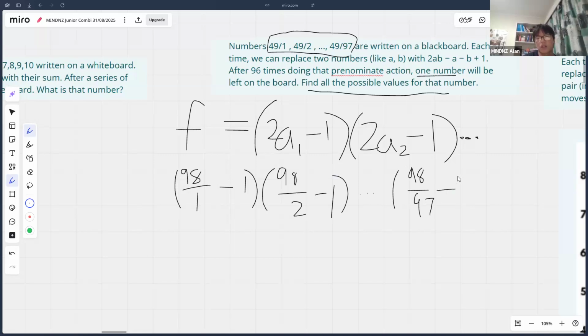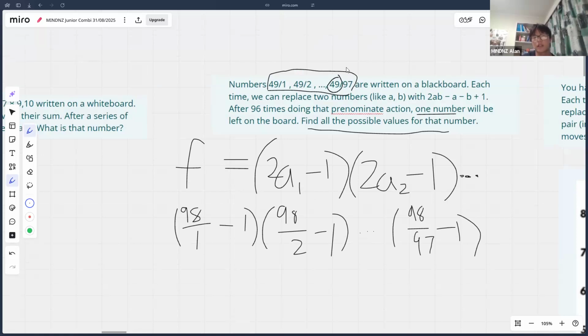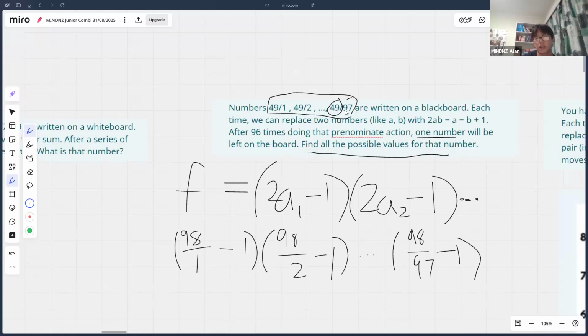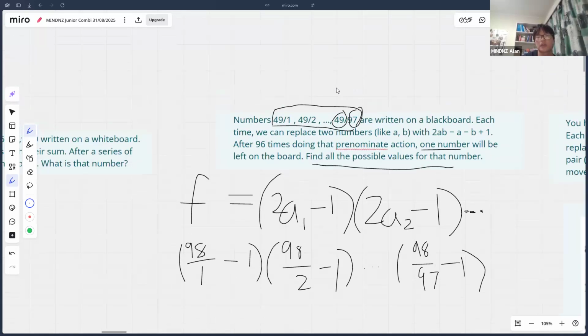Also, when we have a number that's related to another number, then we should probably try to use that, because we know that 49 times 2 minus 1 equals 97. And it turns out that the pattern we're looking for involves something times 2 minus 1, right?